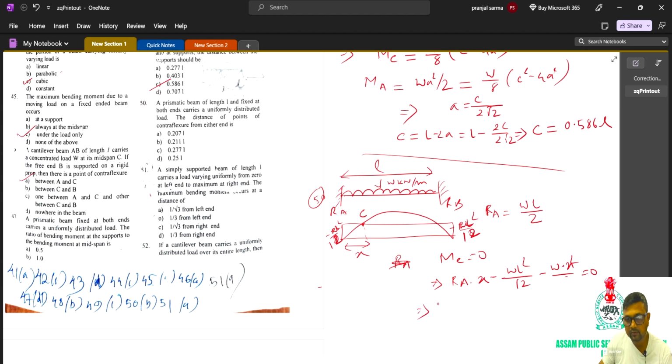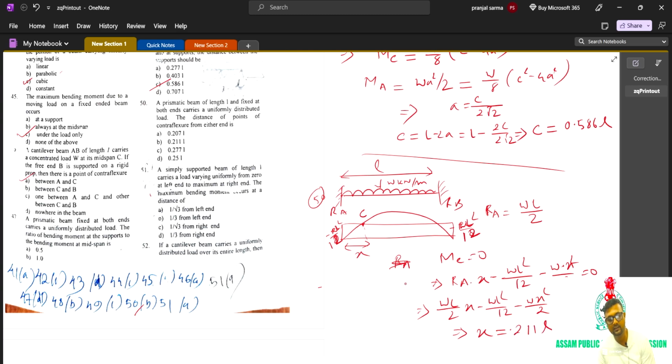If you solve it, WL by 2 x minus WL square by 12 minus W x square by 2 equals 0, you get X equal to 0.211 L. You solve this, you get this answer.